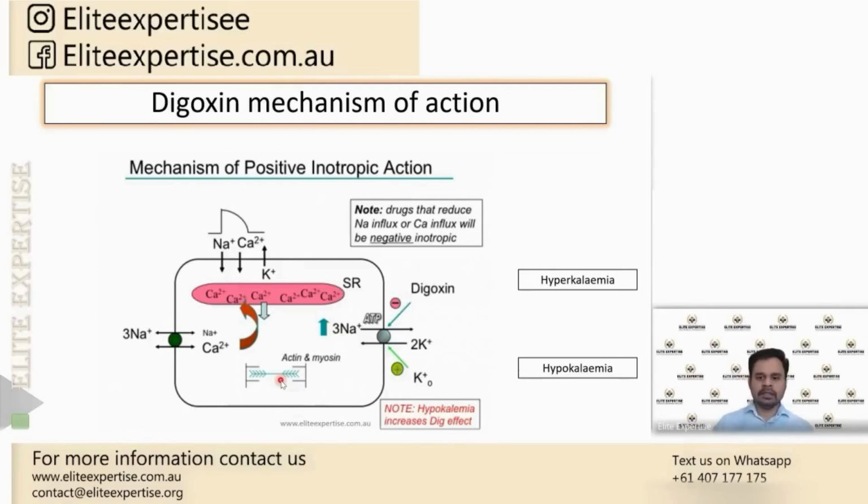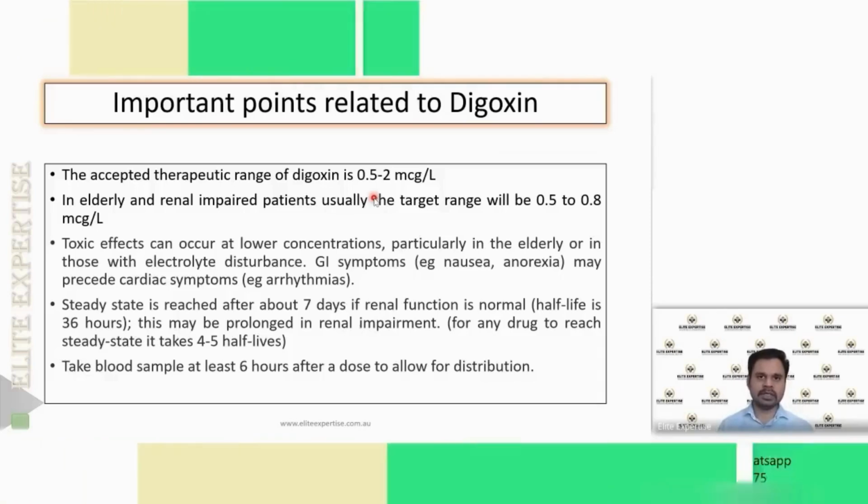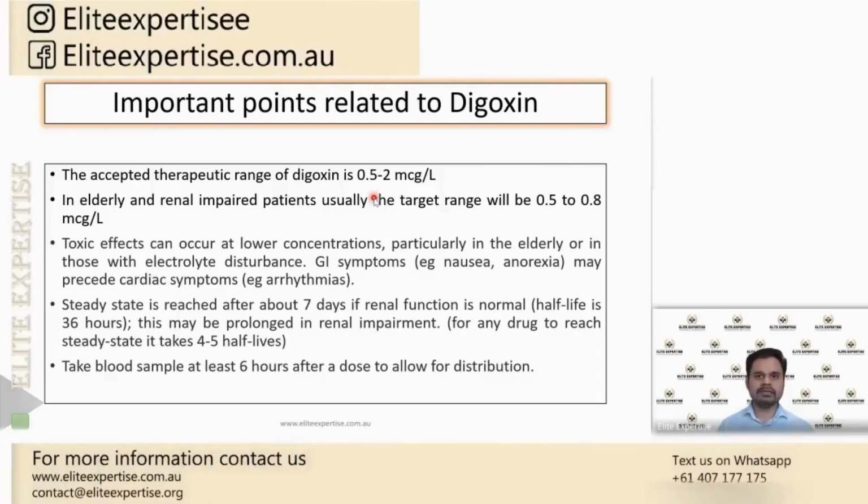This is the most important thing that you need to know regarding digoxin. The accepted therapeutic range of digoxin is 0.5 to 2 micrograms per liter. But in most elderly patients and those with renal impairment, our target range will be 0.5 to 0.8 micrograms per liter.